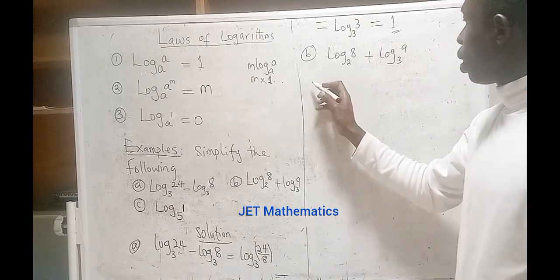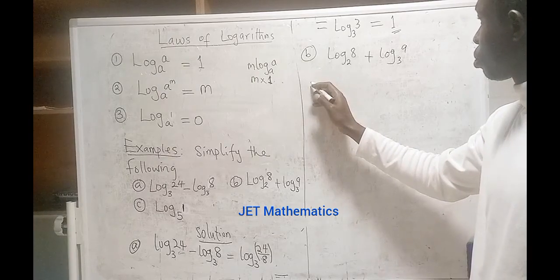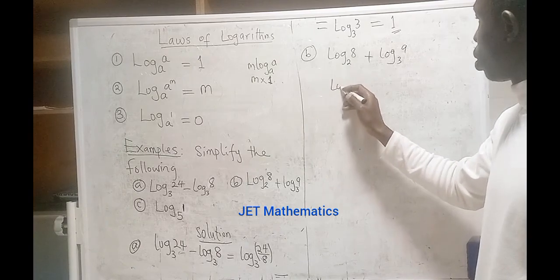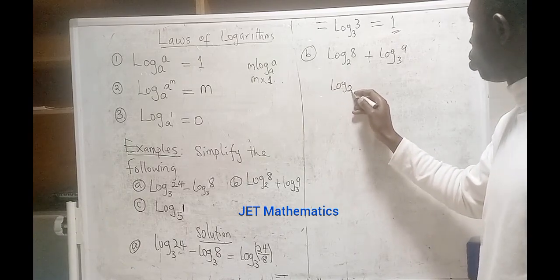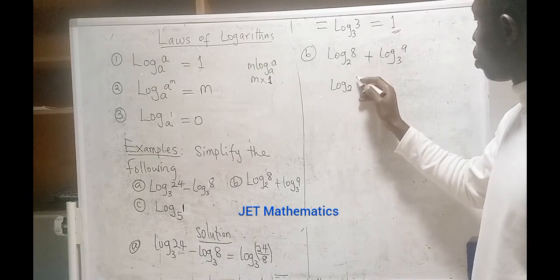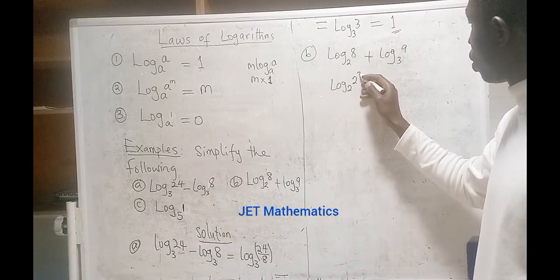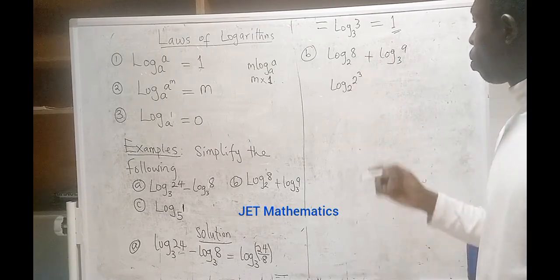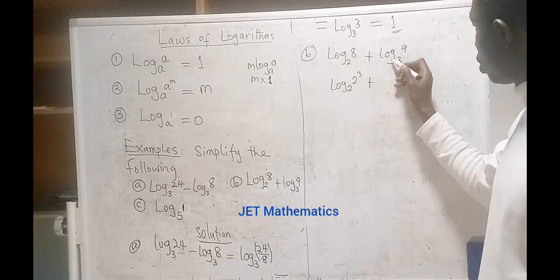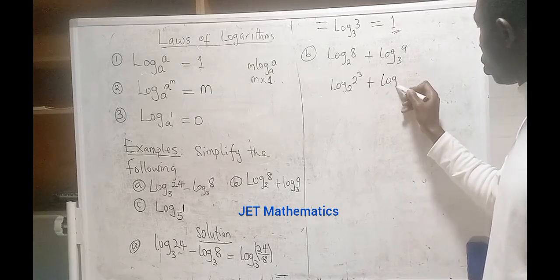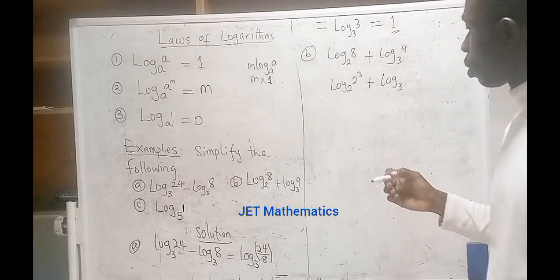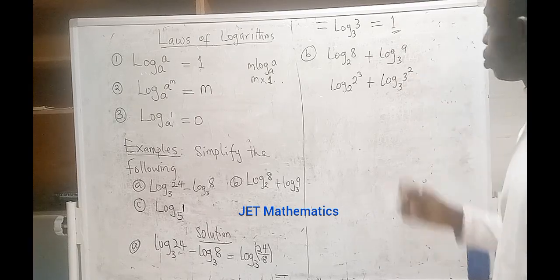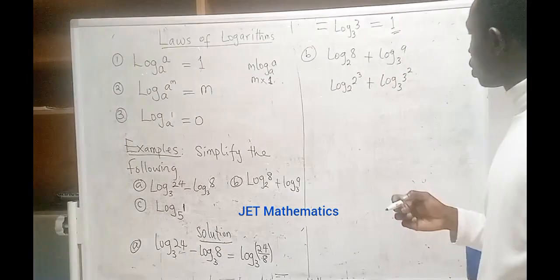So here we can have this to be log 2 to the power 8, where 8 can be written as 2 raised to the power of 3, plus this is log 3, and 9 is 3 raised to the power of 2. Okay, I think that is easy.